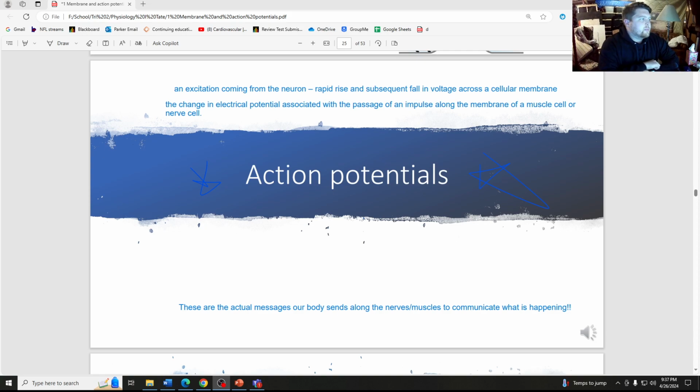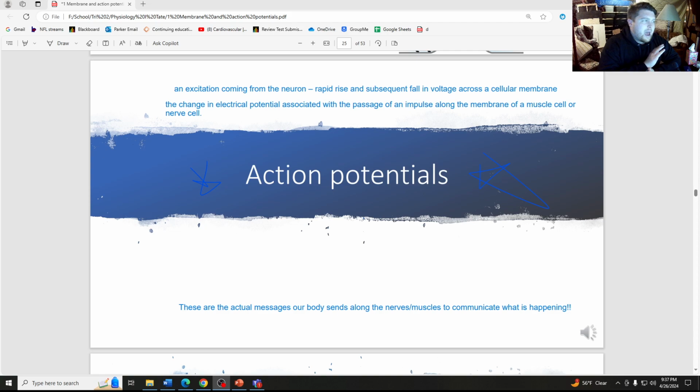An action potential is the actual message that our body uses to send along those nerves and to the muscles and up to the brain to communicate what is happening. This is actually how we transport that signal throughout our entire body.